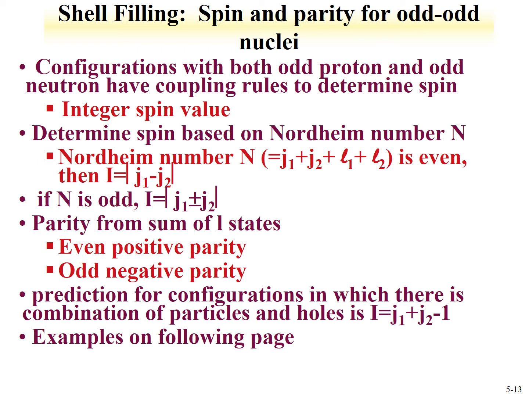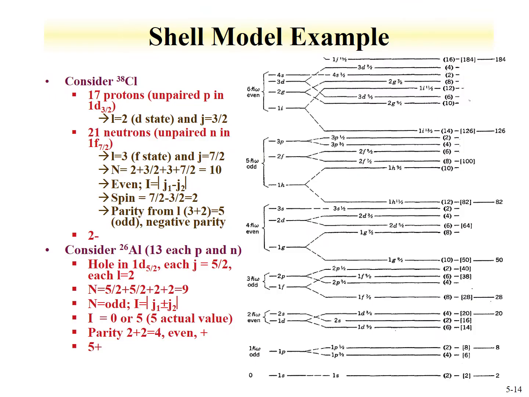We'll go over some examples to show how the Nordheim number works. For an example for an odd-odd nucleus, let's consider chlorine-38. Chlorine-38 has 17 protons, 21 neutrons. The 17th proton is going to live in the 1d 3/2 state.